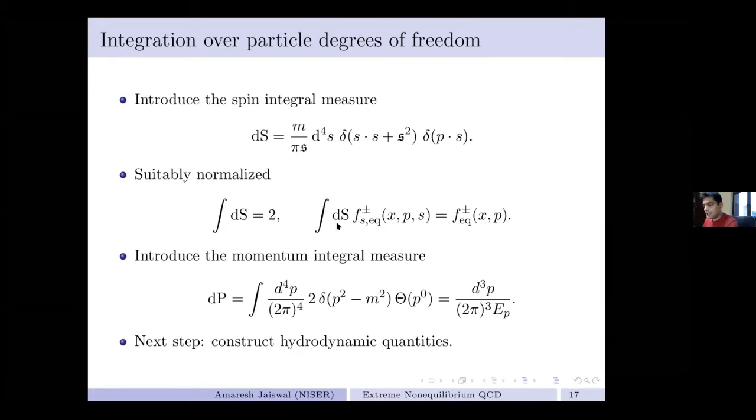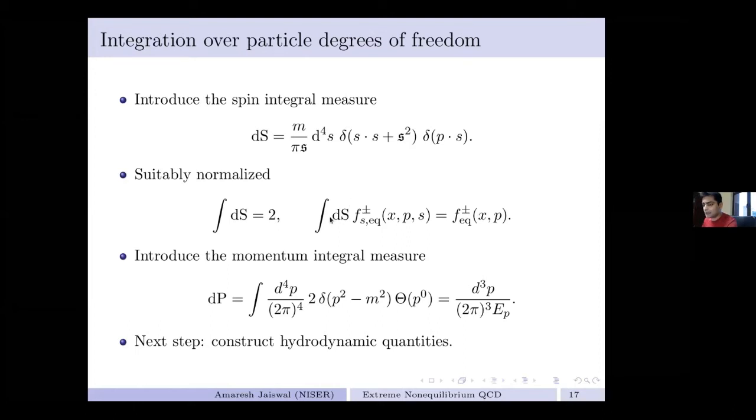And if I integrate over S weighted with the distribution function, that should give me just the Maxwell-Jüttner distribution. So if I integrate over the spin degrees of freedom, I should get back the original kinetic theory without spin.